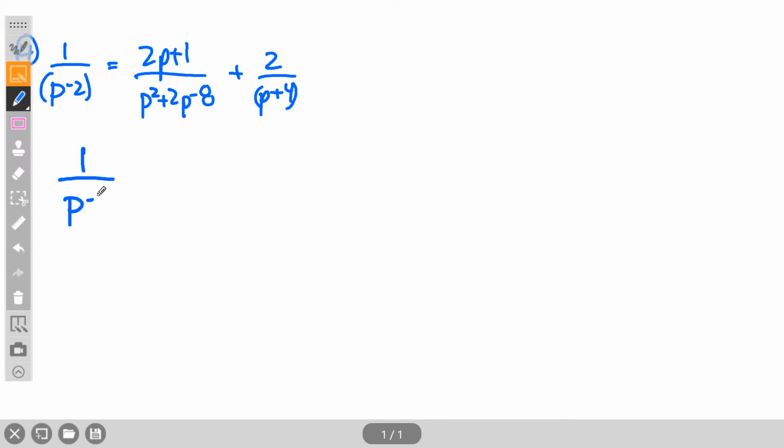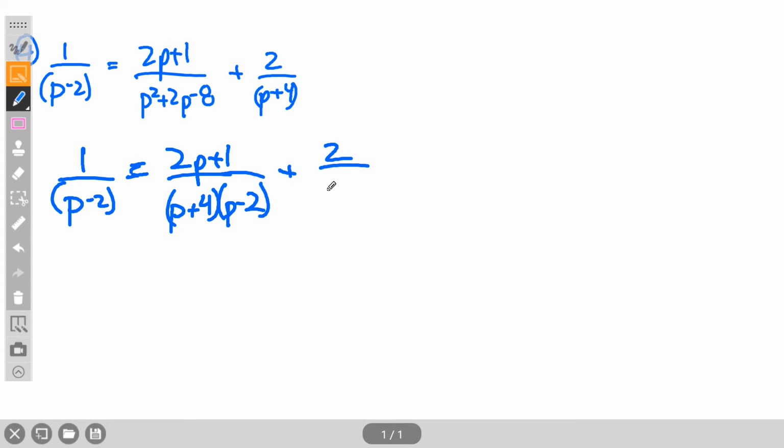First one's fine, p minus 2. 2p plus 1 over p squared plus 2p minus 8. That factors into p plus 4, p minus 2. And then plus 2 over p plus 4.